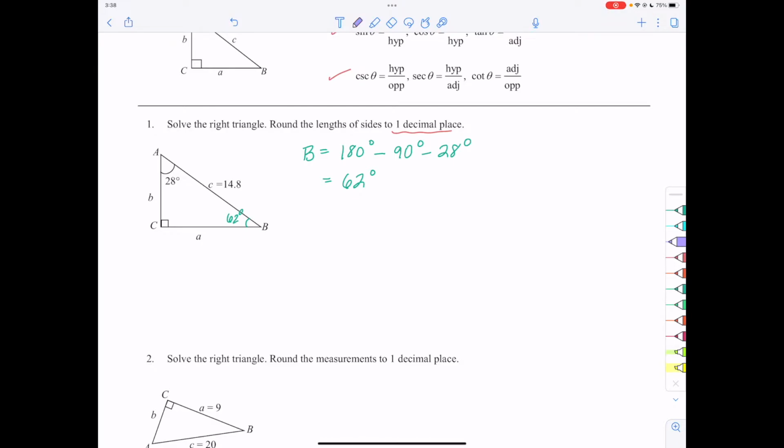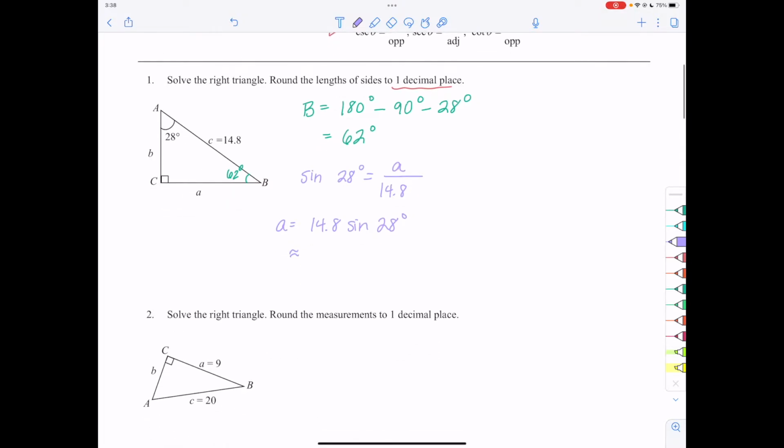Okay, now we know that the sine of 28 degrees is equal to A over 14.8. That allows us to say that A is equal to 14.8 times the sine of 28 degrees. You can try that in your calculator. Make sure you are in degree mode.